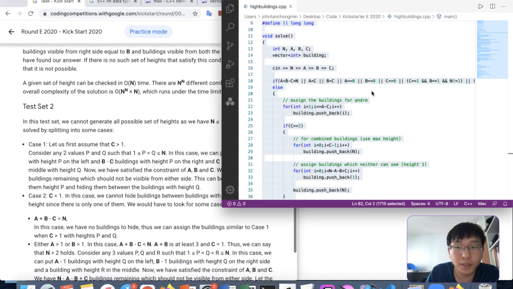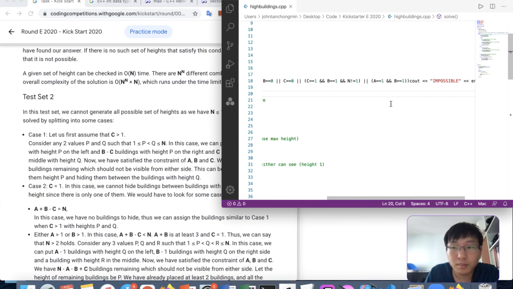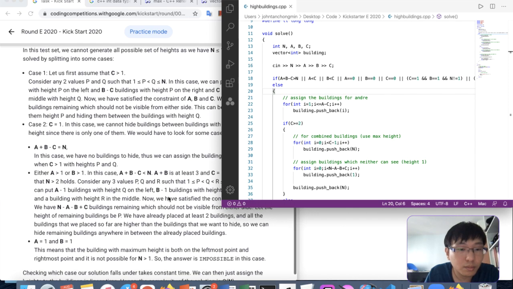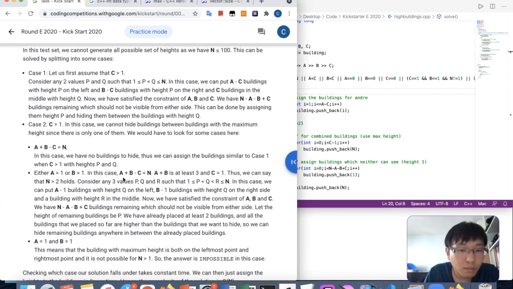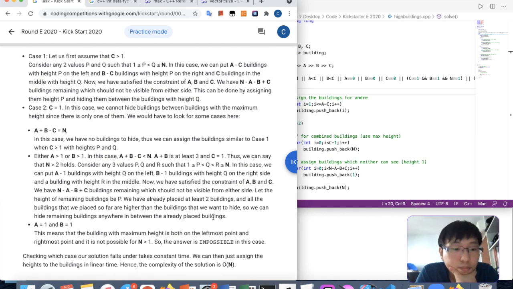So A and B cannot be 0, but it's okay, I can just put it here. Okay, either A greater than 1 or B greater than 1.